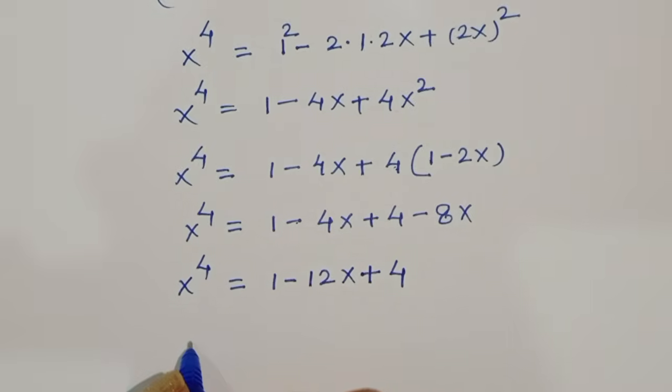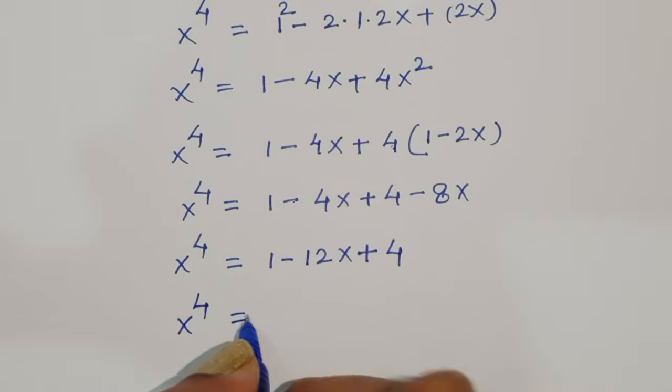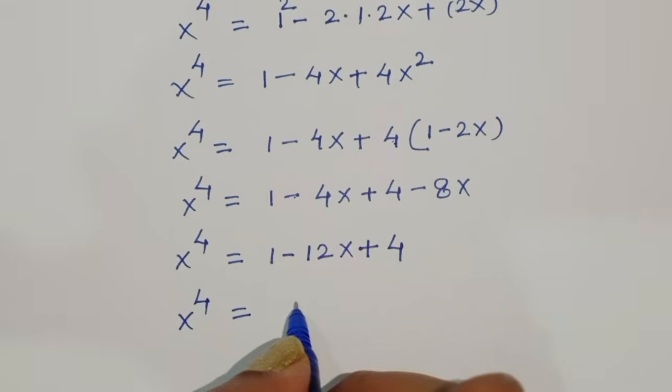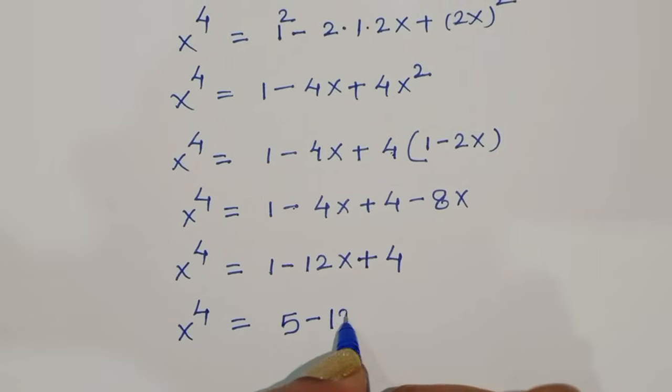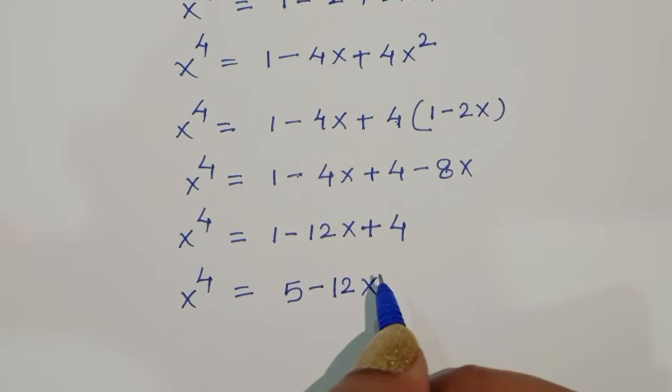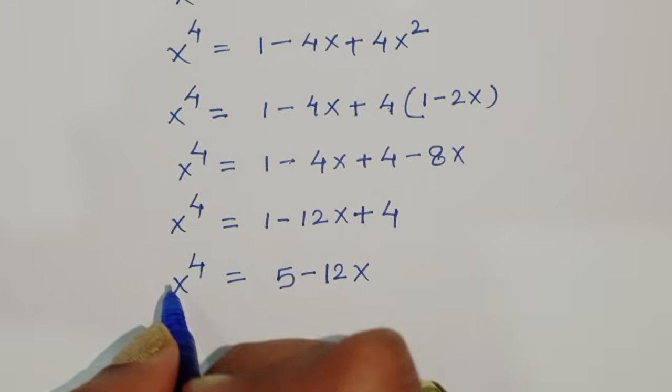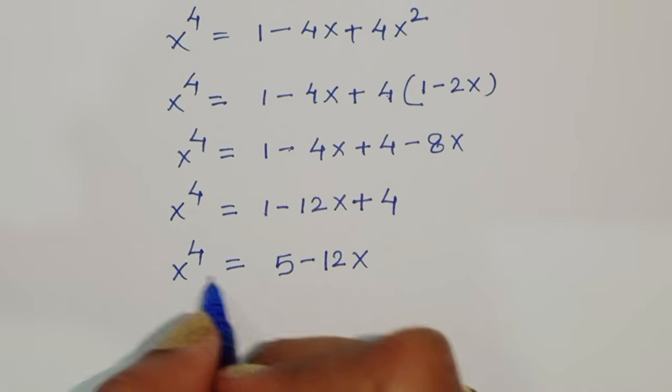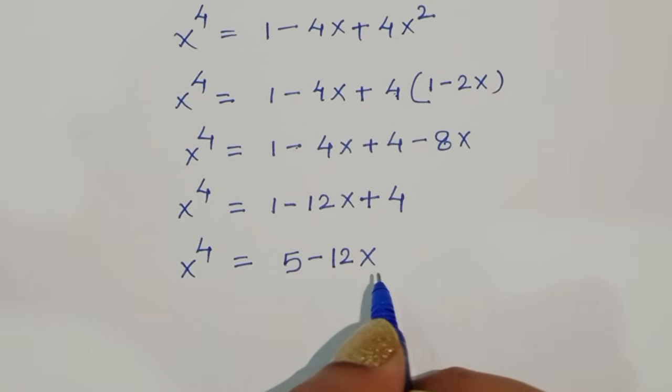So x power 4 is equal to 1 plus 4, that is 5 minus 12x. So we got the value of x power 4 is equal to 5 minus 12x.